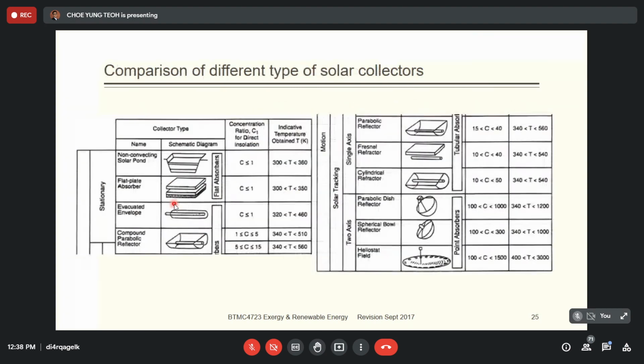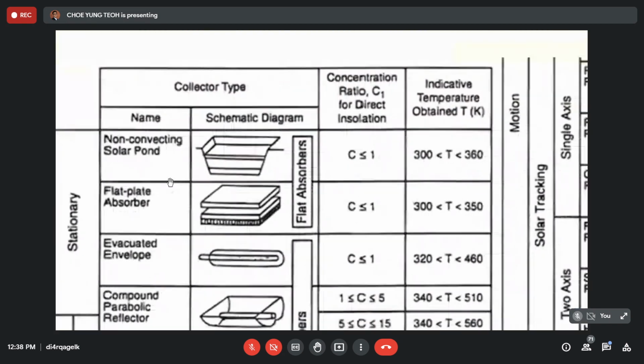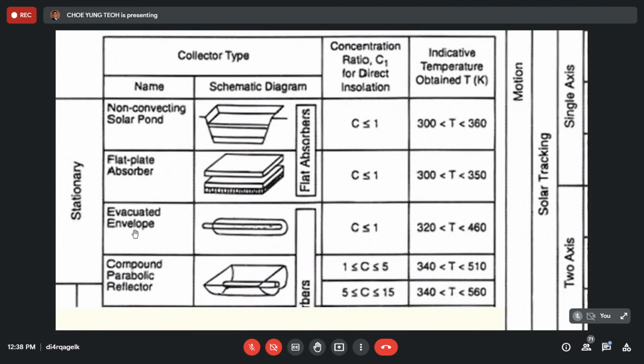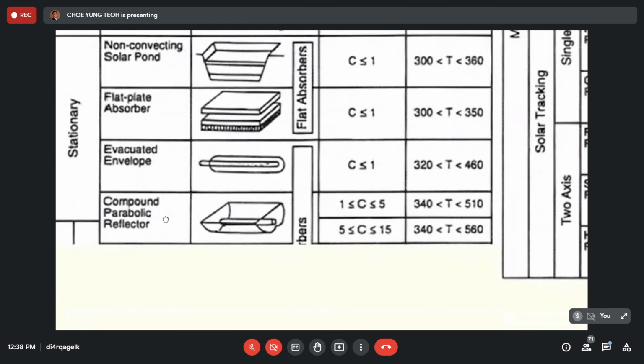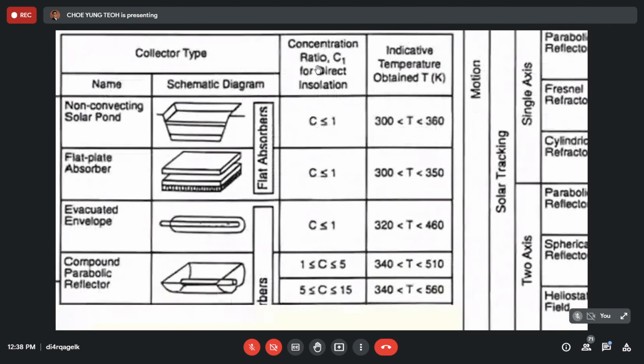Okay, and this is the comparison between different types of solar collector. You can see from here we have the non-concentrating types: flat plate, evacuated tube, and compound parabolic reflector. So they have different concentrating ratios. This one is not concentrating, so it is equal to 1.